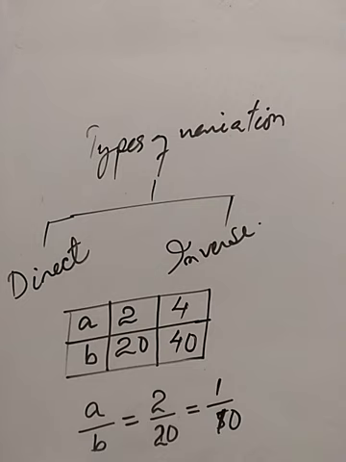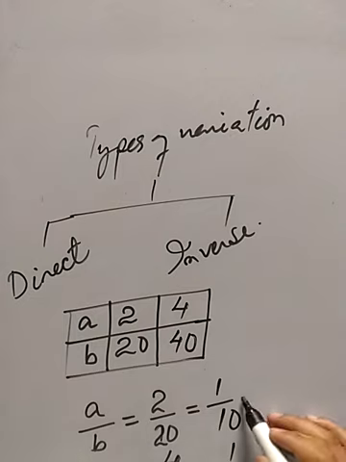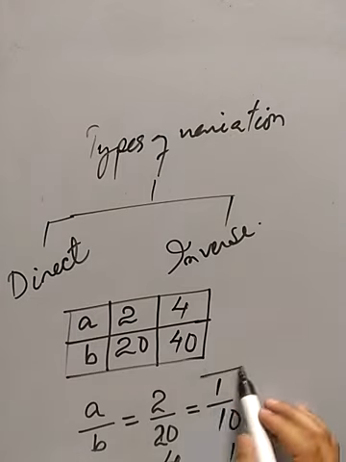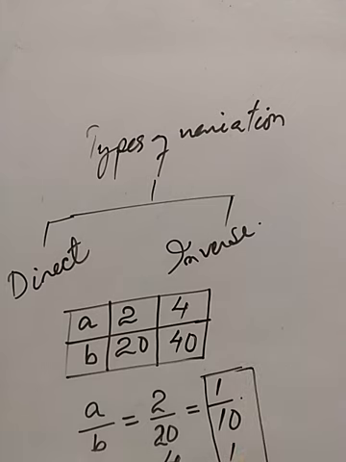Let me write here A by B. So 4 by 40, we will get 1 by 10. When we find the ratio of A and B, here also, we get the value 1 by 10. This value 1 by 10 is what we call the constant of variation.